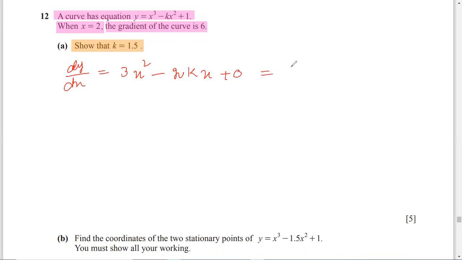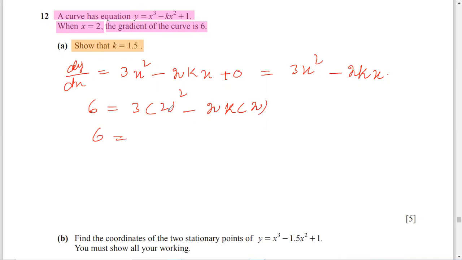So its simplest form is 3x squared minus 2kx. dy over dx is the gradient. So the gradient is 6 and the x coordinate is 2. So 3 times 2 squared minus 2k times 2. By calculating, 2 squared is 4, 4 threes are 12, minus 2 twos are 4k.